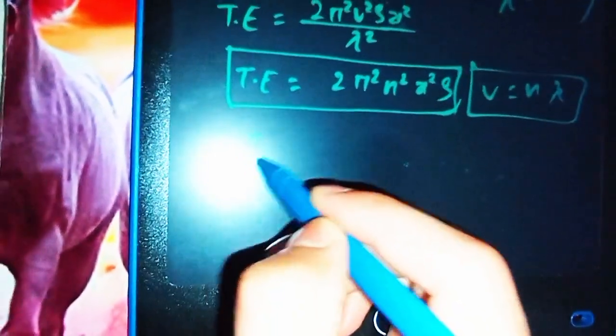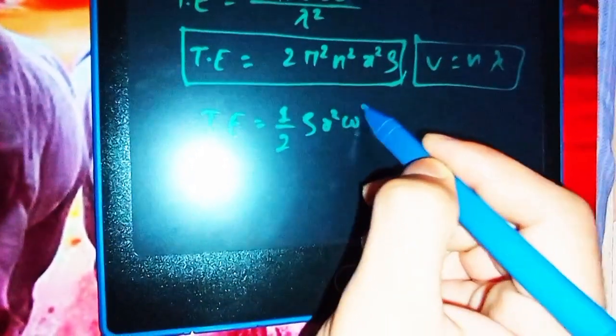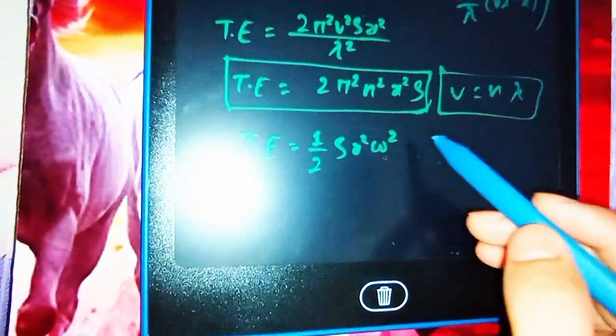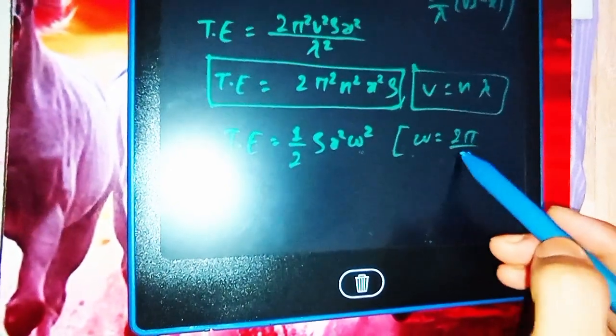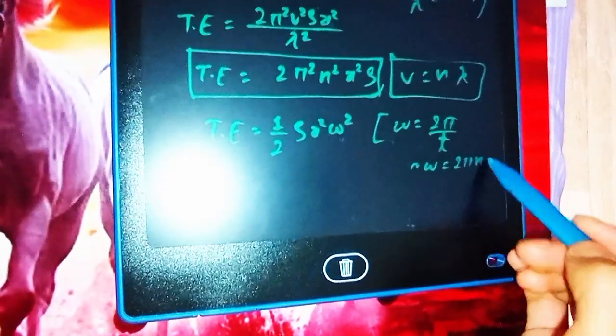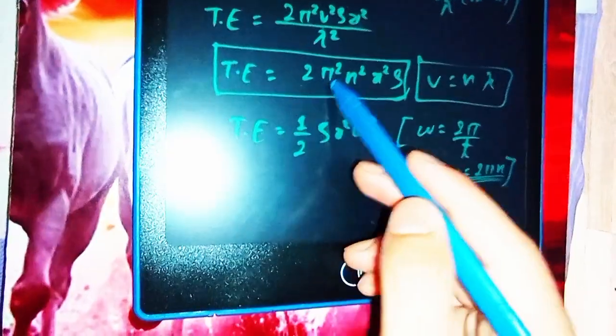Also, total energy will be equal to 1 by 2 rho a square omega square. We know that omega is equal to 2 pi by T, or omega is equal to 2 pi n.